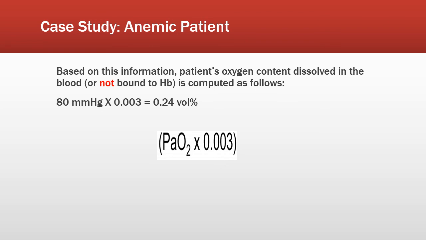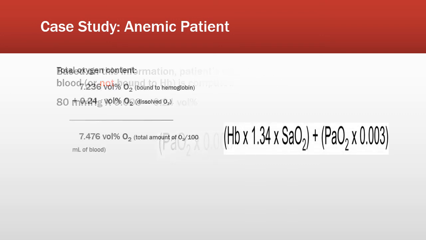Based on the information, the patient's oxygen content dissolved in the blood, not bound to the hemoglobin, is calculated as follows. The PaO2, 80 millimeters of mercury, times 0.003 is equal to 0.24 vols percent. Now let's put it together.